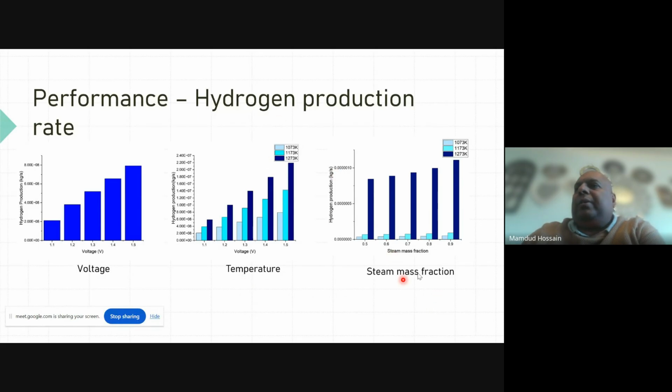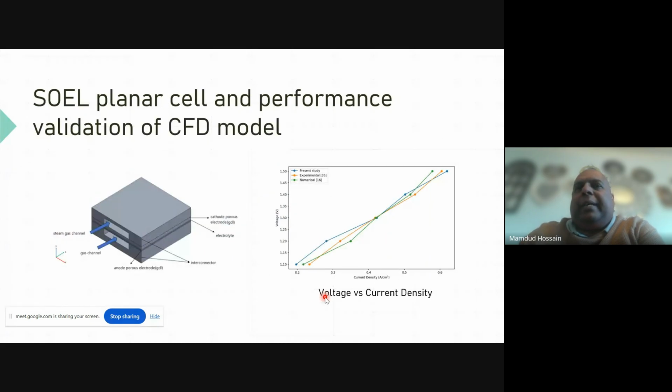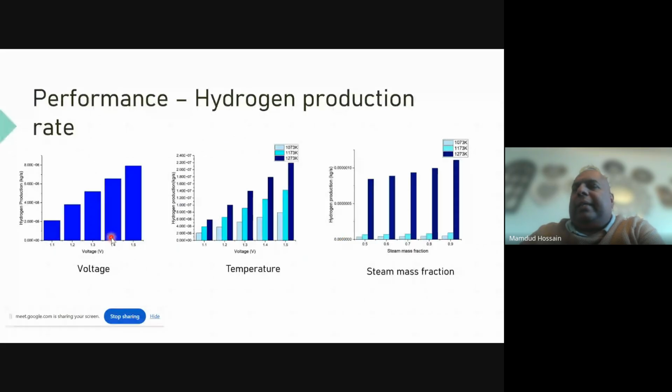And also, in your steam channel, you have to mix it with hydrogen, otherwise you have corrosion on the electrolyte and electrode to begin with. So how much hydrogen do you need to mix? You can use 50%, or you can do 90% steam, and you can see that the more steam you have, the higher the hydrogen production rate.